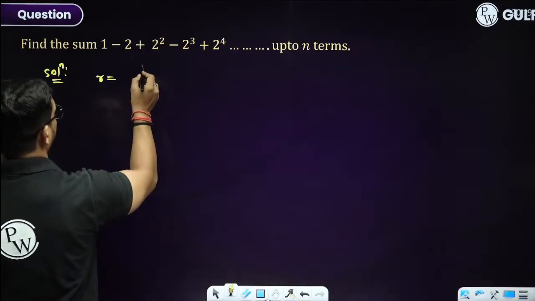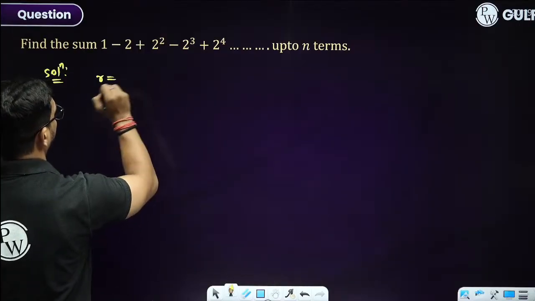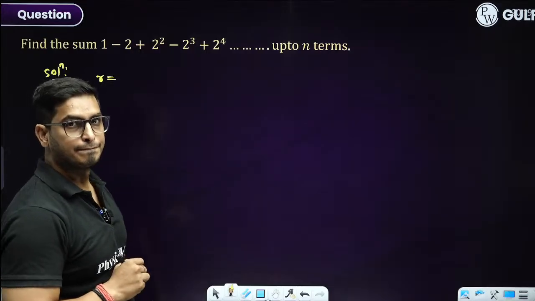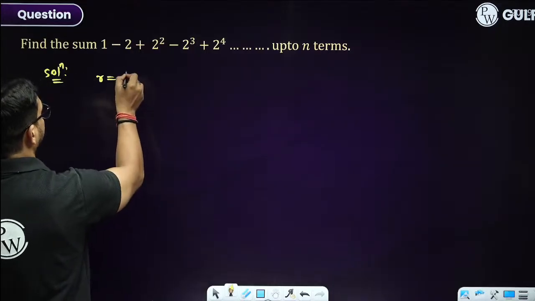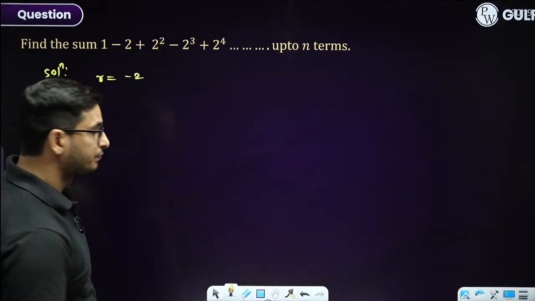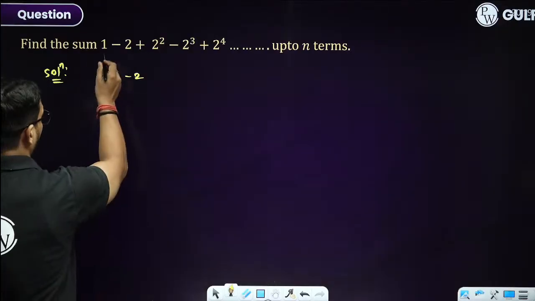It is 1 plus 2 raised to n by 3? Oh, r is minus 2. Correct? Yeah, minus 2. R is minus 2.